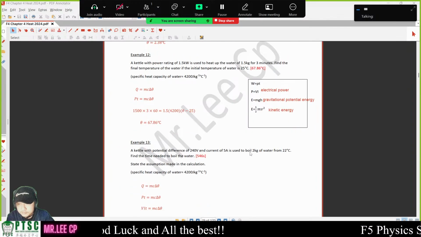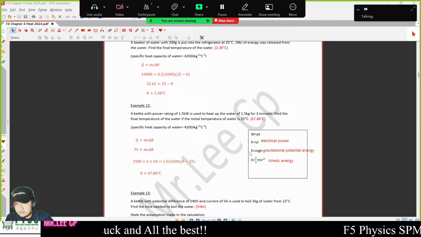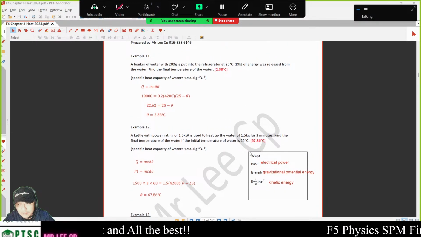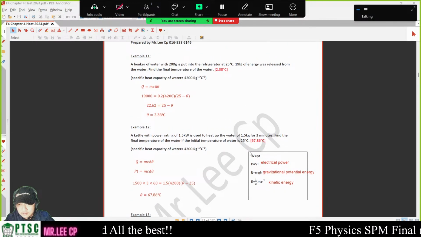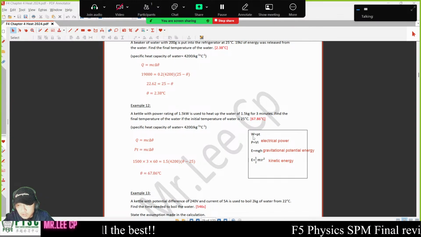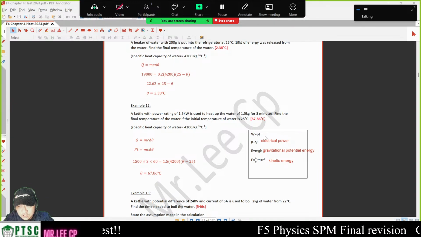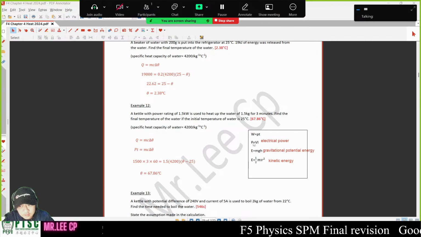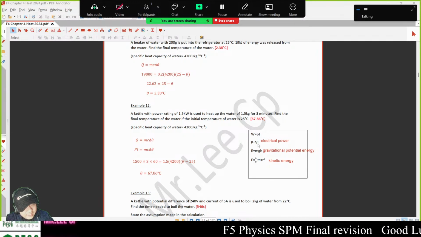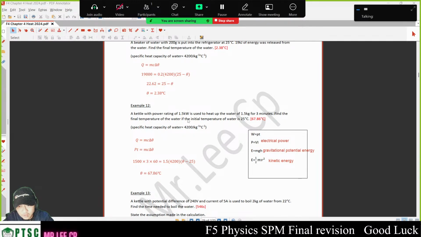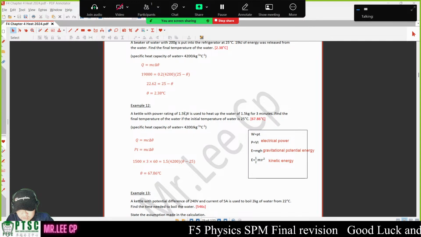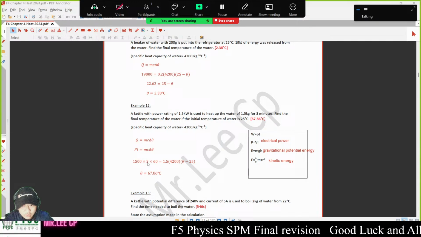Okay. Now, I'm afraid it will come out in another way of asking, so you need to know the energy formulas. Energy is power times time. Power is equal to VI, electrical power. For example, in this kind of question, this one is kilowatt power, so you need power times time.